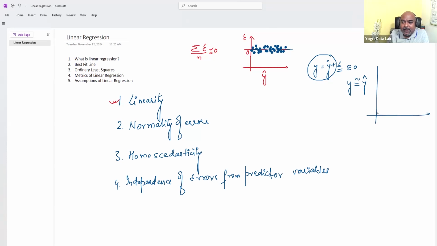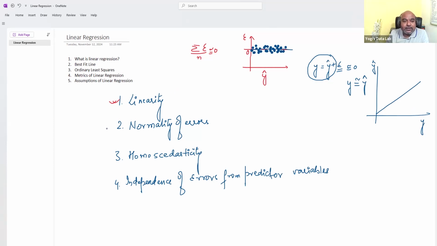If I draw a line between y and y cap, I should get a straight line, which means that I have achieved linearity and all my x variables are linearly contributing towards my target variable y. That is linearity.